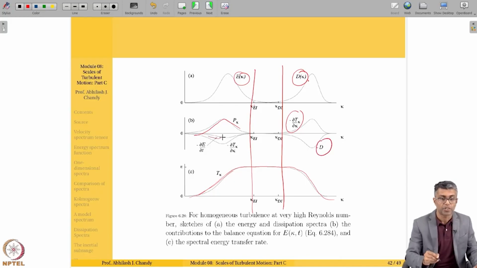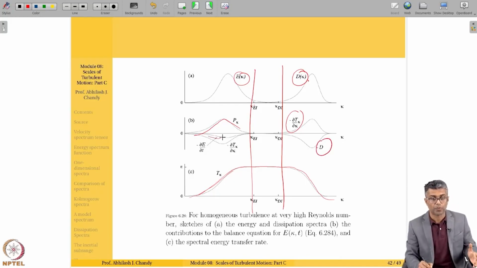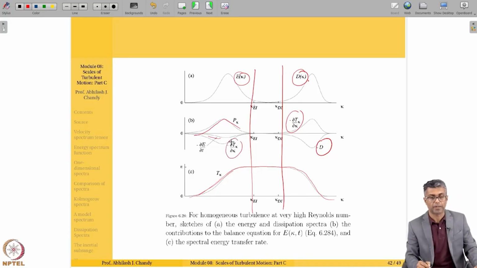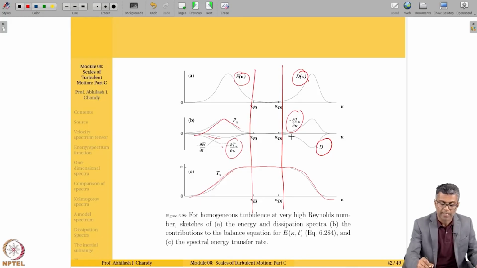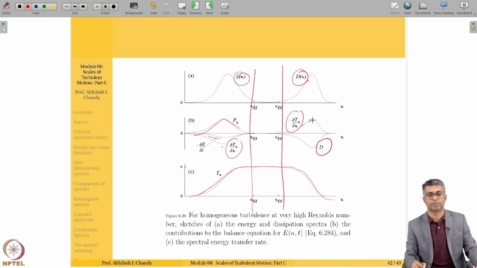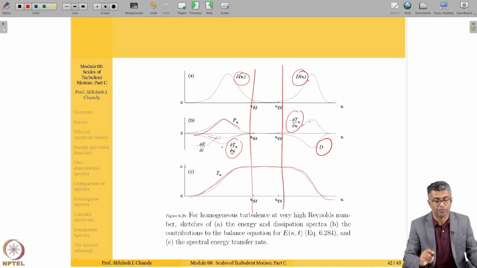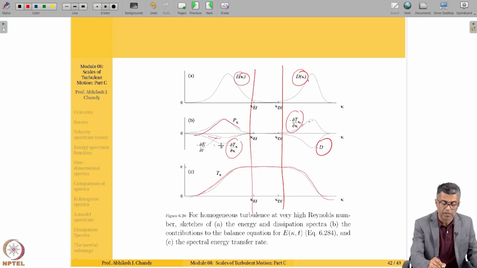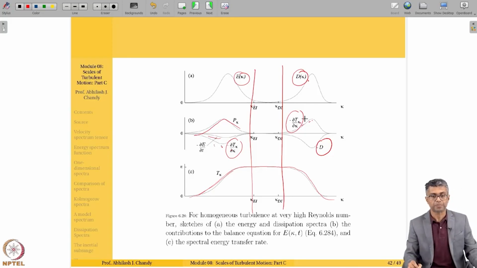This is the rate at which energy is transferred with respect to time, and this is minus del T_kappa del kappa. So here you are losing energy from here, and then you are gaining energy here. So it is not like that term is zero in the energy containing range. It is just negative. It is positive here. That is all it means. That negative del T del kappa is negative here and it is positive here.